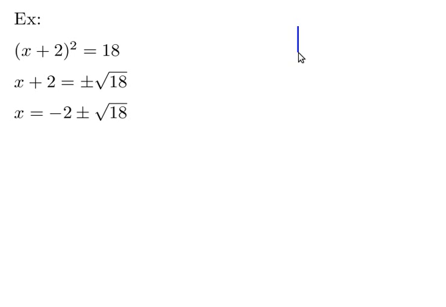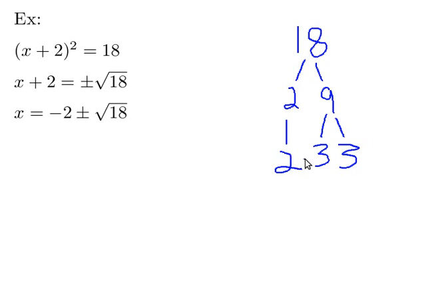Okay, I'm going to try this. Hopefully it won't look too bad. So we have 18. Well, that's equal to 2 times 9, and that's equal to 2 times 3 times 3. So that means the square root of 18 is equal to square root of 2 times 3 times 3.